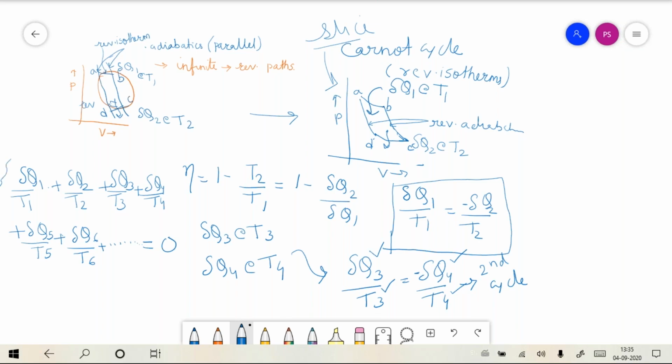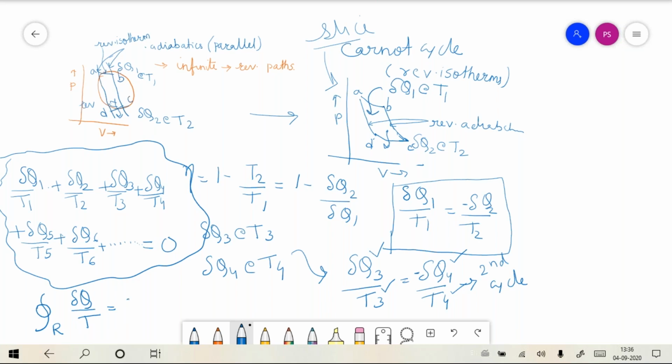So what you will get is an interesting expression. And what is that interesting expression? It is nothing but the integral over a thermodynamic reversible cycle of del q upon T, which is equal to 0.